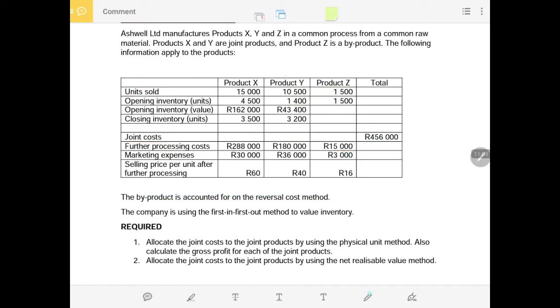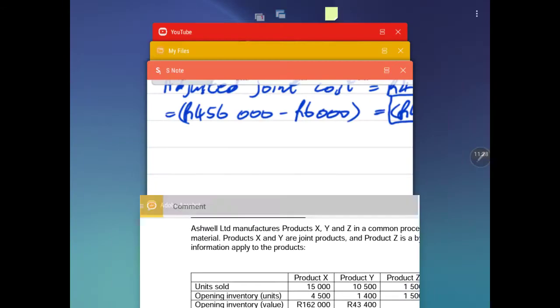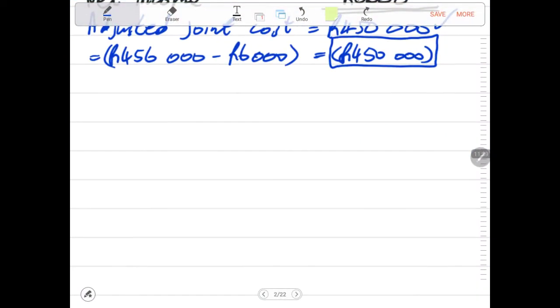The physical unit method says that we must allocate our joint cost of 450,000 rands based on the number of units that were produced. And we don't have the number of units that were produced. Here we only have sales, opening and closing only. We don't have the number of units that were produced, meaning we still need to calculate units that were produced.